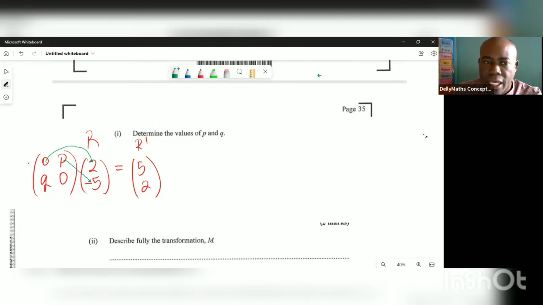So I definitely see that P there is -1. Because when you put 0 times 2 plus -1 times -5, I'm getting +5. So I'll definitely say that P right there is -1, and we would have gotten that part right there.